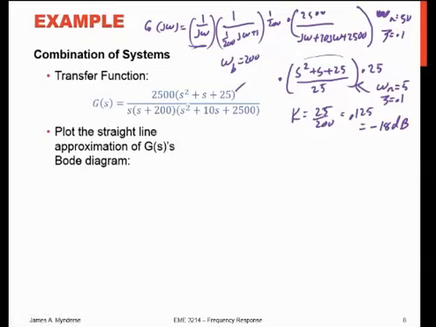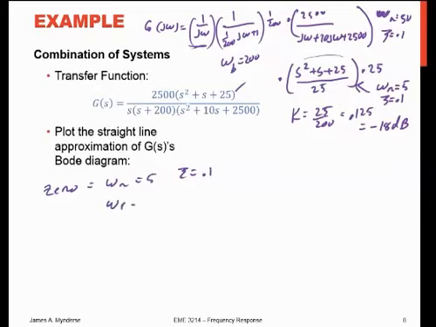So I think I have everything I need to do my approximations. Let's look at the zero. I said that omega n equals 5, zeta equals 0.1.